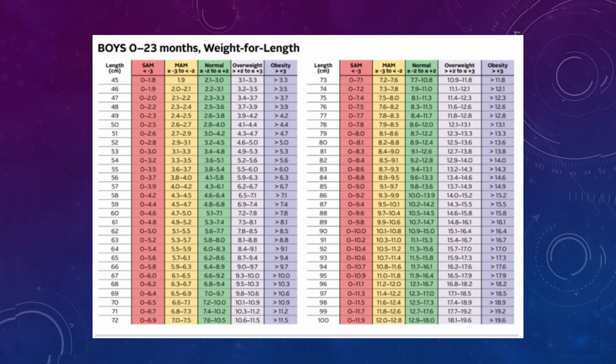So, this is a very good reference chart where we can diagnose the same thing, the age, the sex, the length and weight, and along with that the ranges are given to diagnose severe acute malnutrition, moderate acute malnutrition, the normal range, or overweight or obesity.